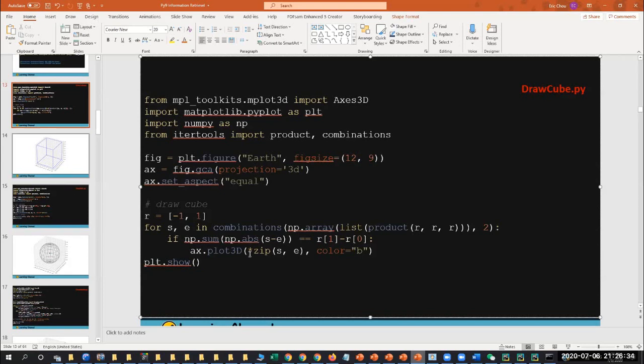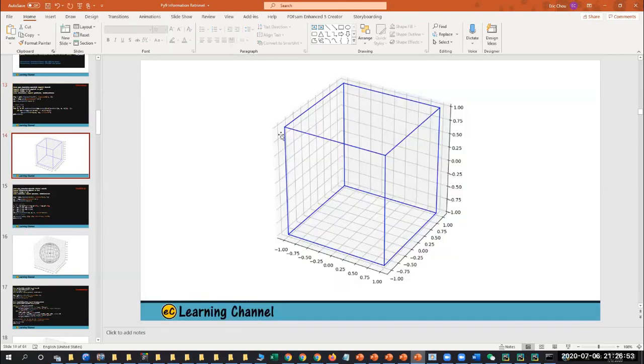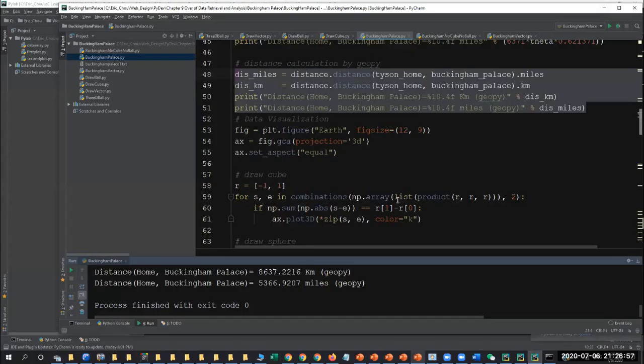And here I want to draw cube. So basically this part is draw cube. So from S and E in the combination NumPy list, product with repeat is 0, 1, 0, 1. So basically this product will create 8 different points. And the 8 different points will be put into a NumPy array.